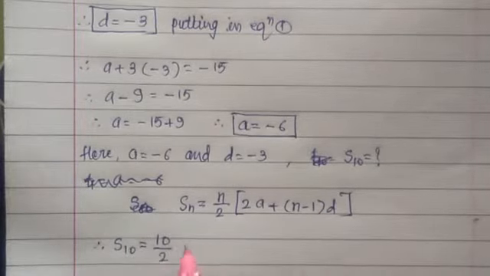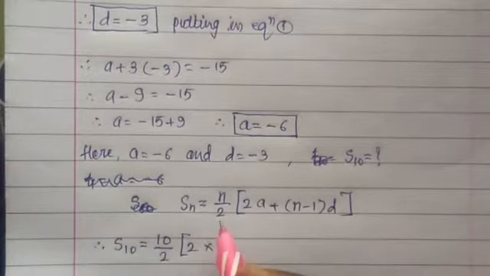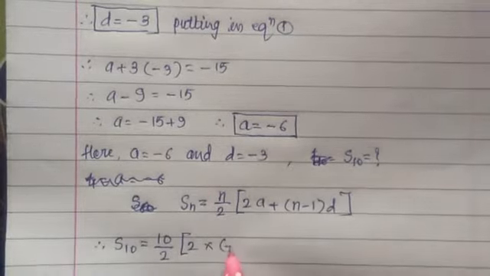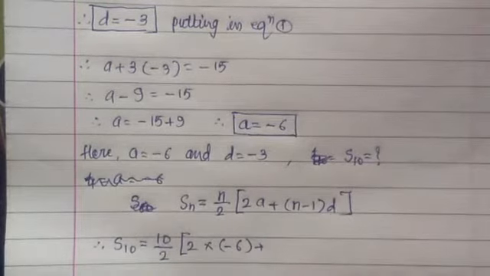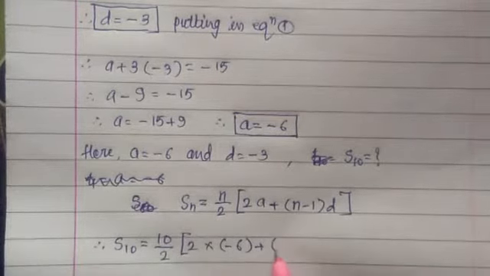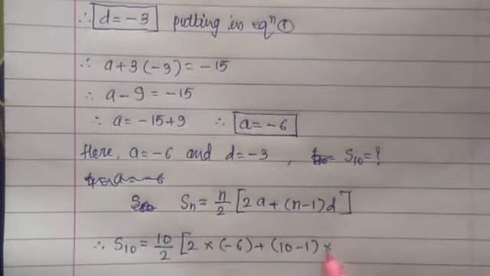divided by 2 into 2a, now a means minus 6, then plus n minus 1. Now here n means 10 minus 1 into d.